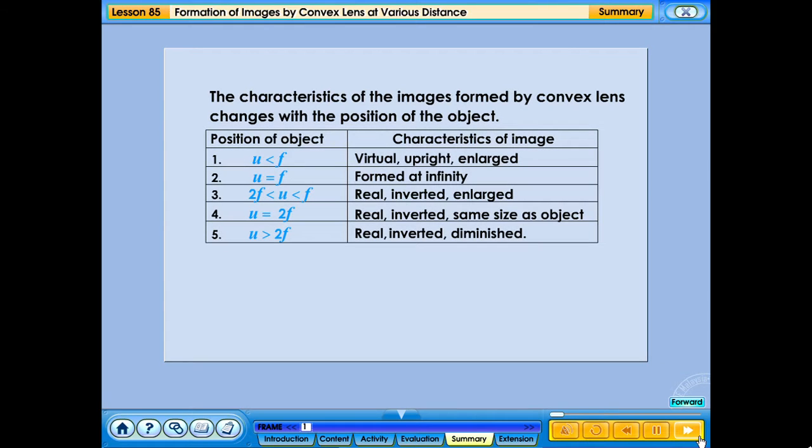The characteristics of the images formed by a convex lens change with the position of the object. 1.